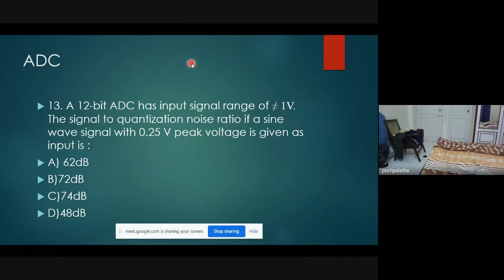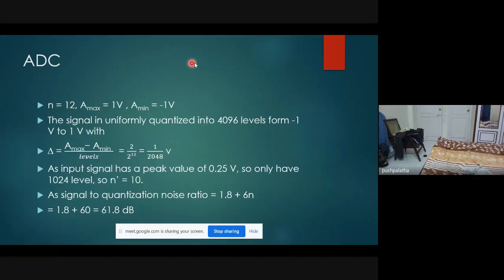Now we'll solve it. The n value is given as 12. As I told you, the maximum amplitude value is 1 volt and the minimum is minus 1 volt. The signal is uniformly quantized into 4096 levels from minus 1 volt to plus 1 volt, that is 2 power 12 levels, which is equal to 4096.